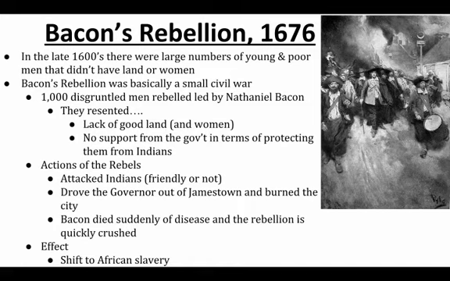And for a while, they're pretty successful. They drove the governor out of Jamestown, they burned it to the ground. But unfortunately for them, Nathaniel Bacon suddenly dies of, I believe, dysentery, and the rebellion putters out, and the establishment is able to kill the ringleaders, and it ends this rebellion.